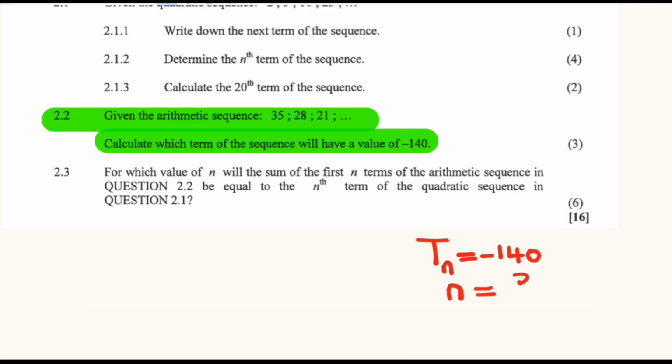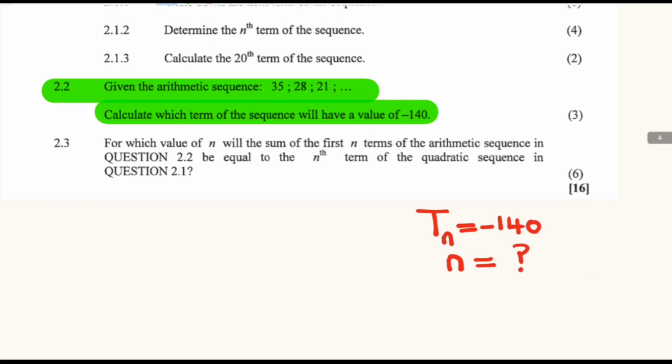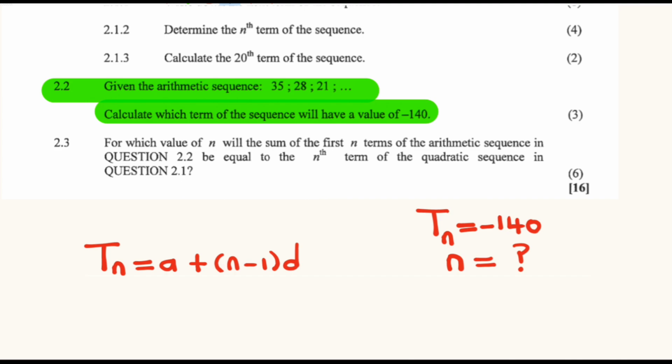So the n is the unknown, and we have Tn is equal to a plus n minus 1 multiplied by d for an arithmetic sequence, where the a is the first term, T1, which is equal to 35, and the d is equal to the common difference.